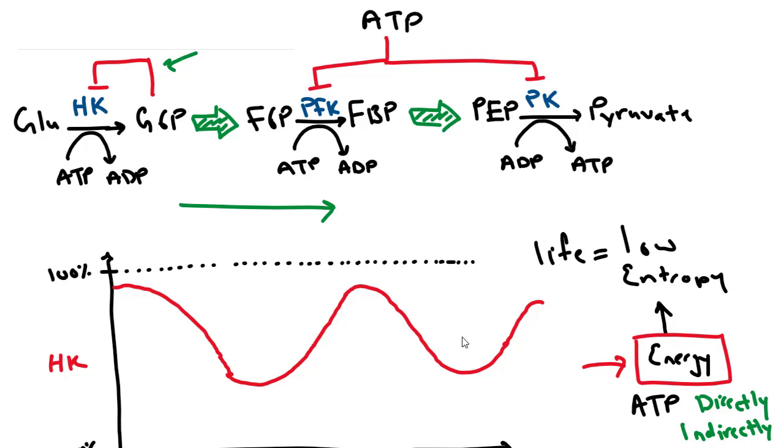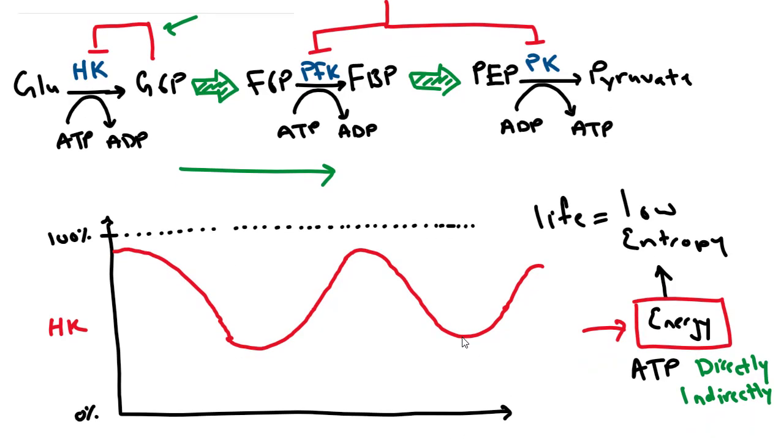Right? And just to make sure, the x-axis is time. Now, with the other ones, you can think of it in the same way. It doesn't matter. It could be HK, it could be PFK, it could be pyruvate kinase.